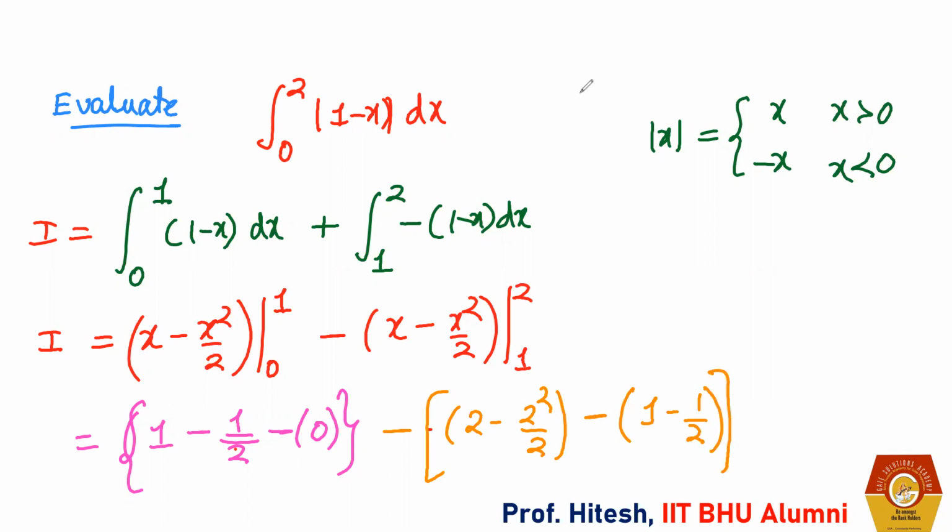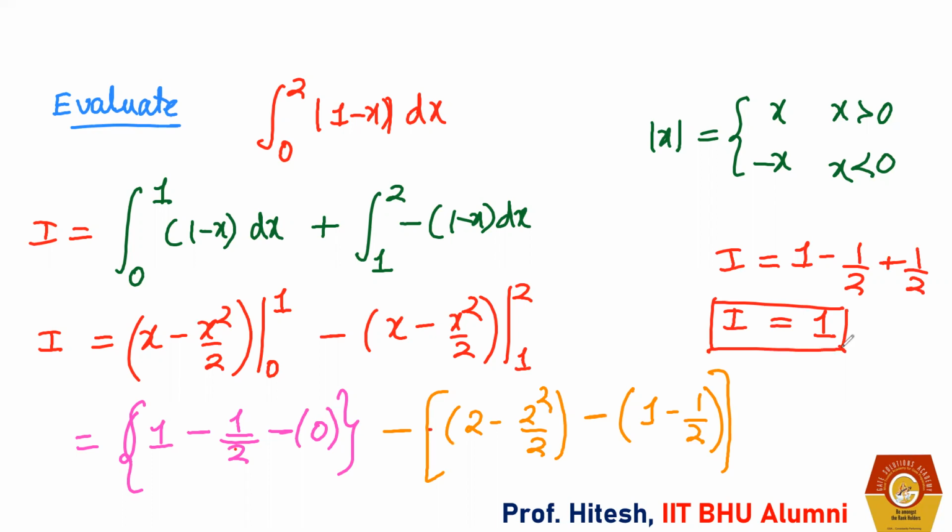Okay, so when you solve this, I is equal to, how much is coming? 1 minus 1 by 2, then 2 minus 2 is 0, then minus 1 by 2, so minus minus plus, answer will be 1.